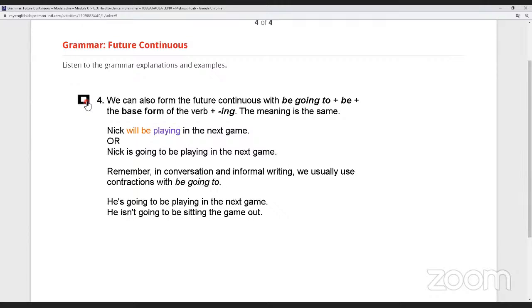Or, Nick is going to be playing in the next game. Remember, in conversation and informal writing, we usually use contractions with be going to. He's going to be playing in the next game. He isn't going to be sitting the game out.